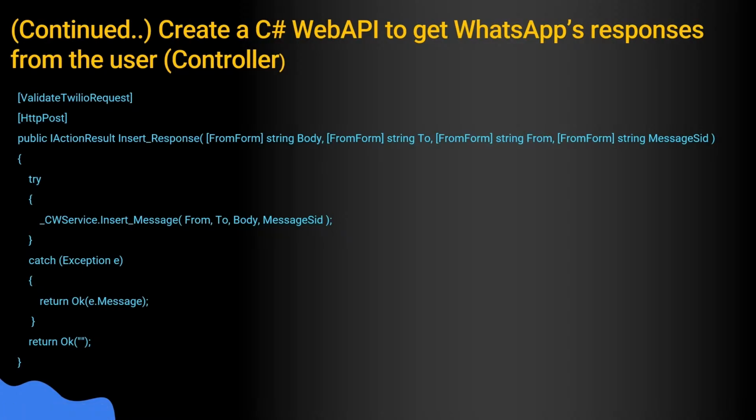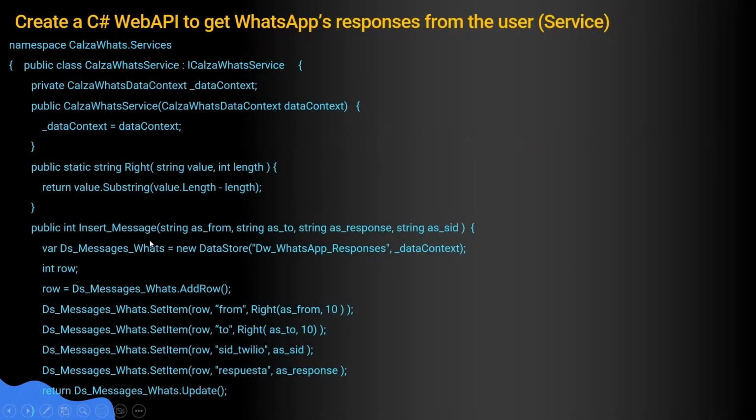I'm going to show you also the source code. I'm sending the parameters: the from WhatsApp number to another WhatsApp number, the body, which is the contents of the response of the customer, and the message ID. It returns okay, and now let's see this code.